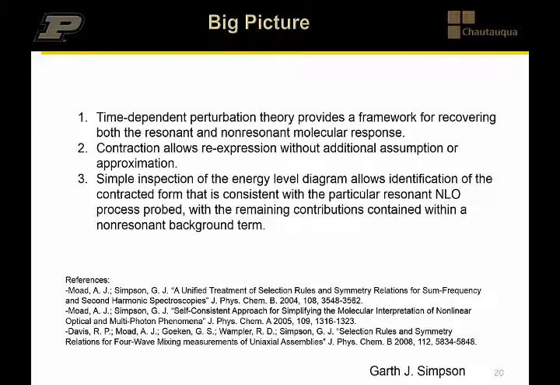What it allows you to do is just look at an energy level diagram, group terms, and write what the resonant part of the nonlinear polarizability should be, and everything that doesn't contribute to that resonant interaction is lumped together into the non-resonant term. So it's a very simple and intuitive way of simplifying the molecular interpretation of nonlinear polarizability without the need for any additional assumptions or approximations beyond the validity of time-dependent perturbation theory itself.